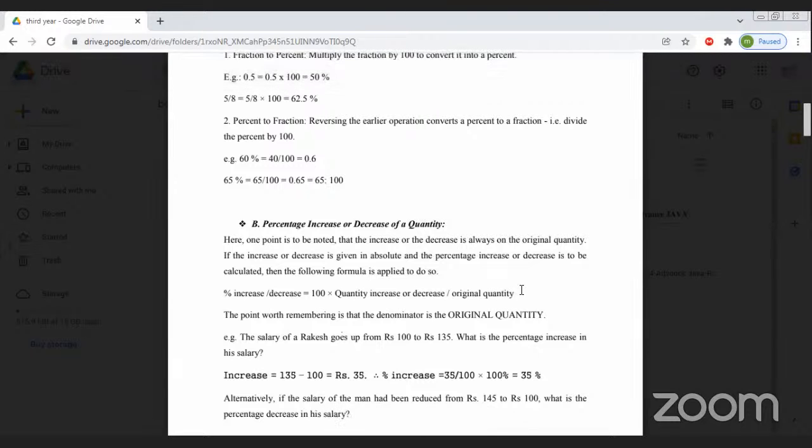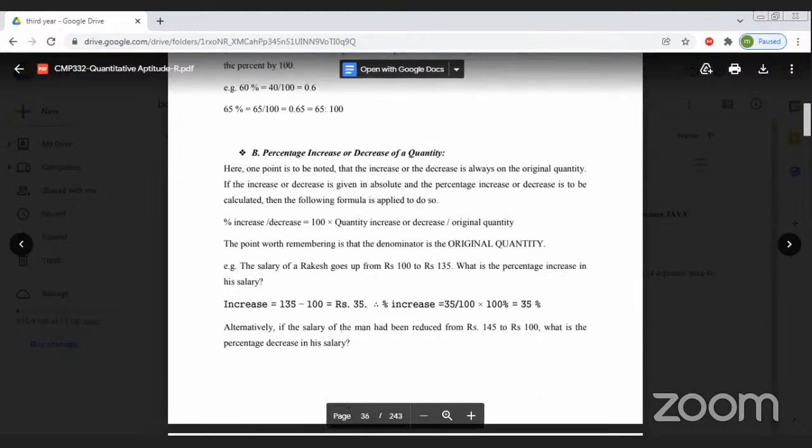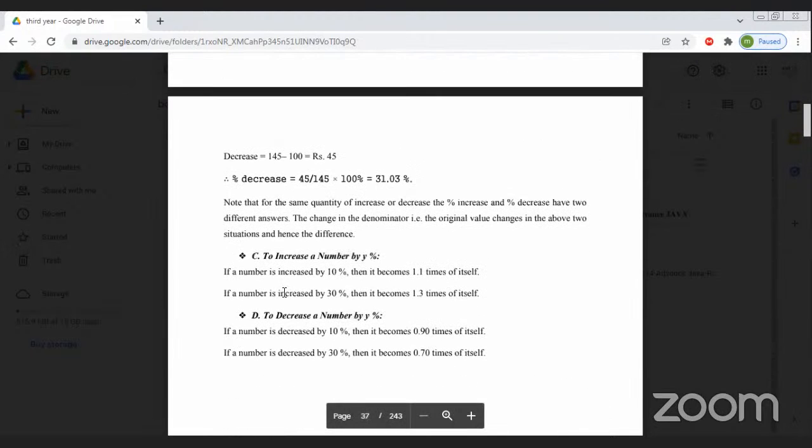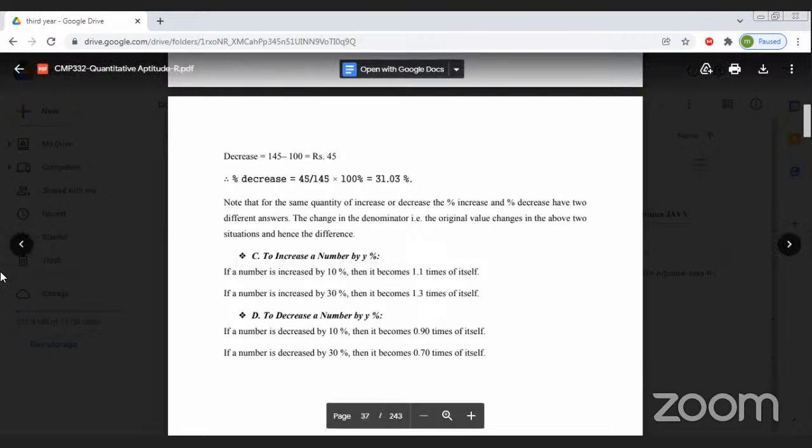Try to mark it with some codes so that you will be able to study it in future. To increase a number by y, I had explained it here also: whenever you are increasing something by y, you just need to add it, and if you are decreasing it, you need to subtract it.